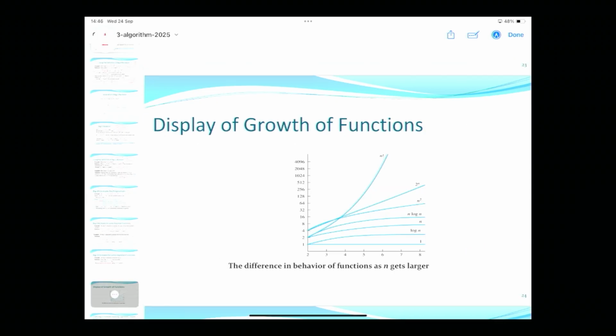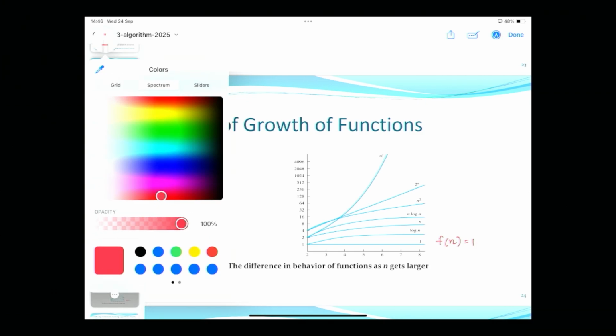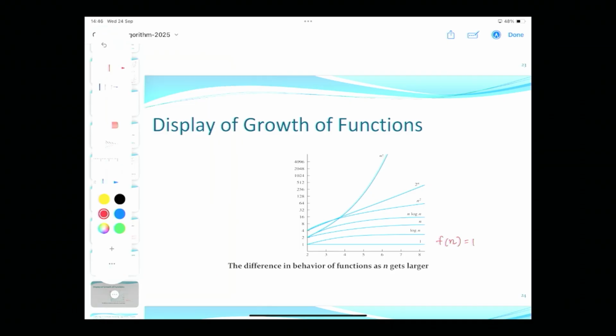Let's take a look at this graph where we see many functions, starting from the bottom with simple ones like a constant, log n, and so on. When n is large or n increases, we see the growth of the functions.